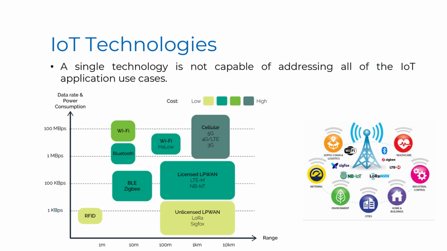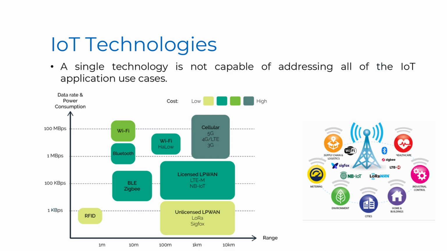LTE-M stands for long-term evolution for machine-to-machine communication. This technology can be used for machine-to-machine communication, as can the other technology, NB-IoT, which stands for narrowband IoT. Here, under the unlicensed low-power wide area network, we have LoRa, for long range communication, and for some applications we use these LoRa devices as well.